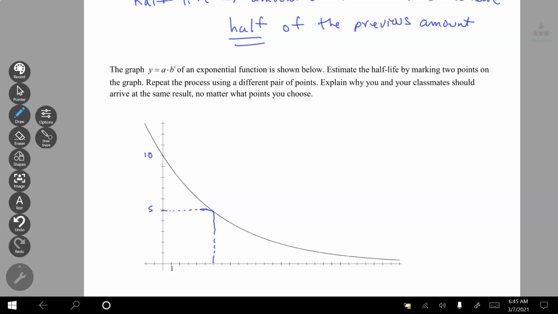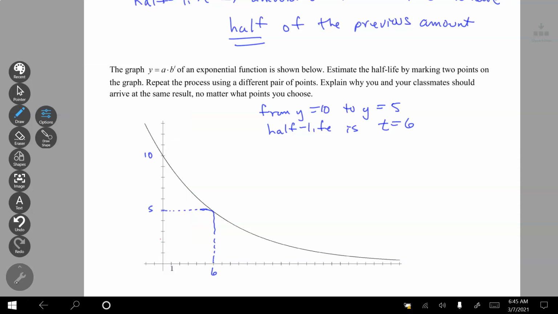If I do this correctly, you could see this is 6. So for y equals 10 to y equals 5, which is half the value, this half-life is t equals 6.